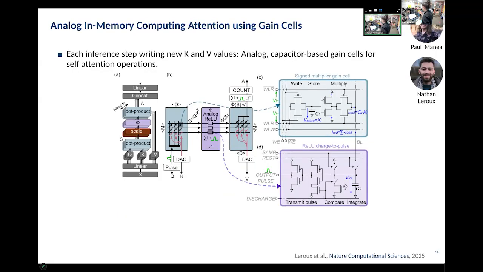And so Paul Manea and Nathan LaRusso. Paul Manea is a student with Jean-Paul Strecken, some of you may know here. So we thought, how can we actually implement this in the in-memory processor? And they were motivated by a paper showing that you could do crossbar arrays with DRAM, basically on CMOS.